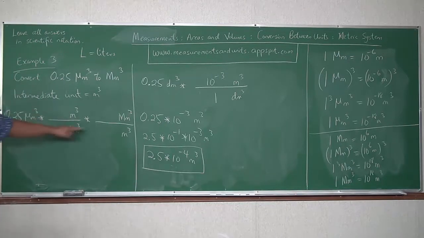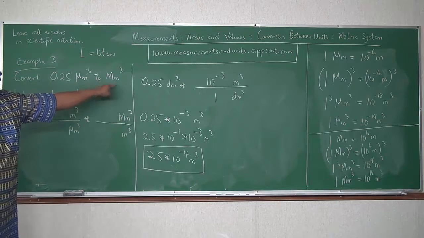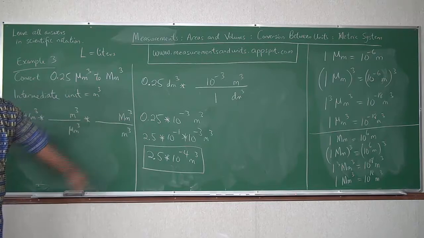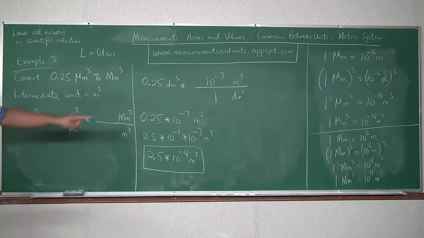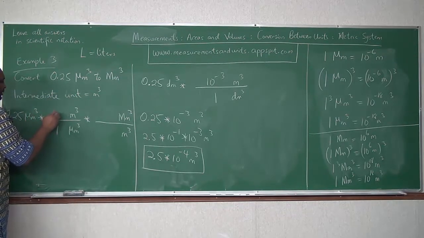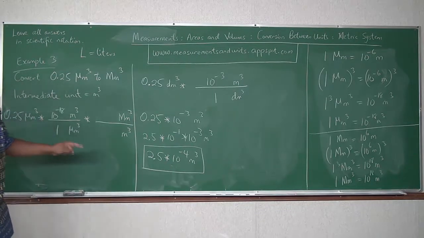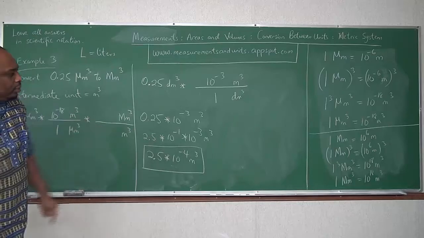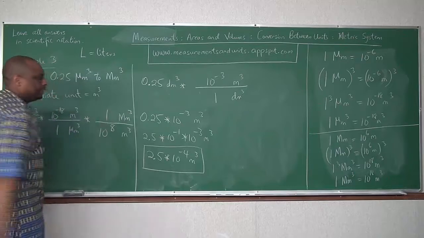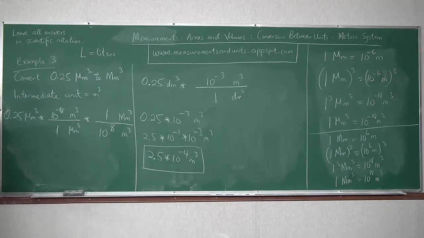This crosses out, this crosses out, and you end up having megameter cube. That is the unit fraction method. So we put 1 here, and here we put 10 to negative 18. And for this one, we put 1 here, and here we put 10 to 18.